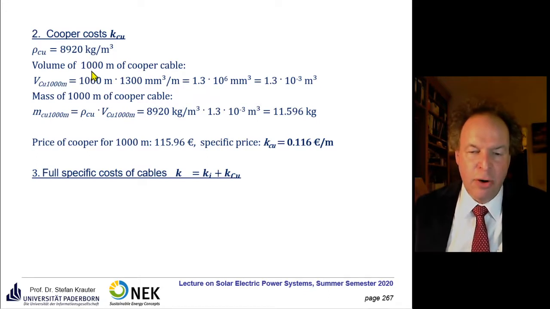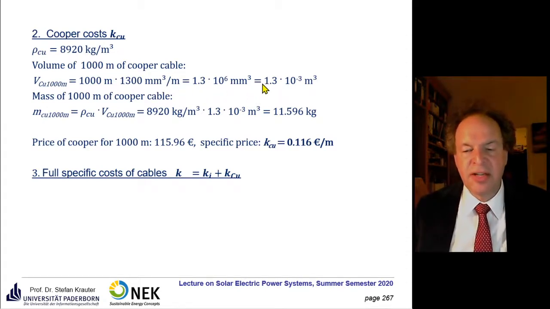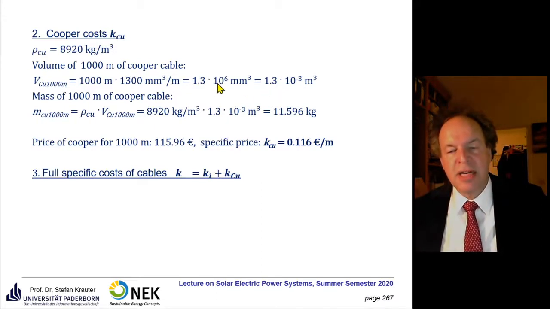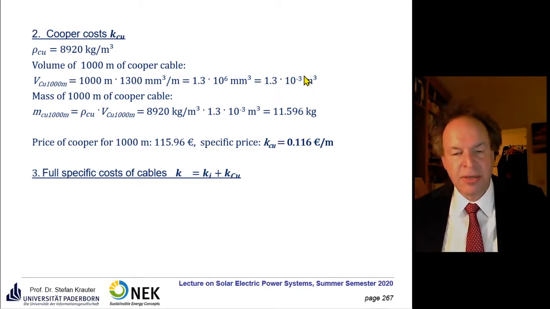And the volume of 1000 meters of copper cable is the 1000 meters times 1300 cubic millimeters per meter, and so we have here 1.3 times 10 to the power of 6 cubic millimeters, and then it's 1.3 times 10 to the power of minus 3 cubic meter.